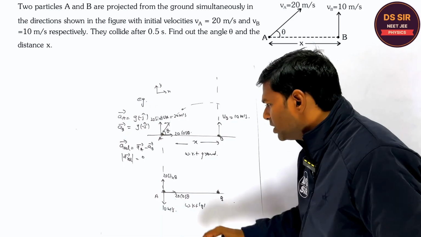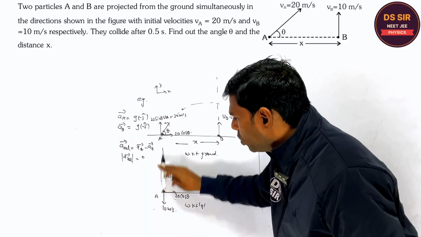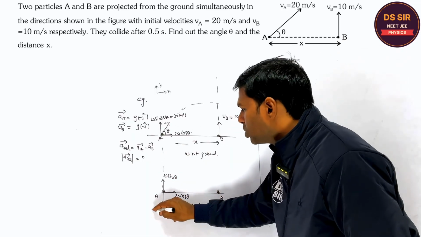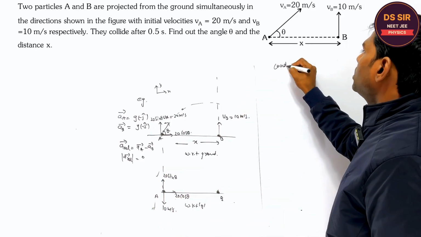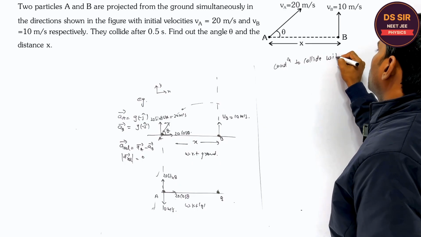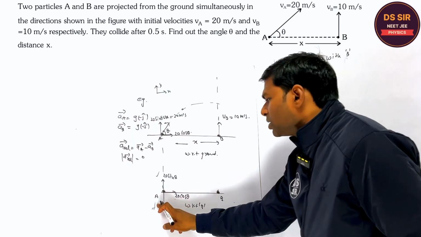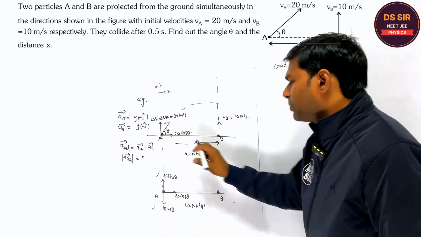So therefore the condition is that it has only this velocity and no velocity in this direction with respect to B, right? So therefore in the Y direction, the condition to collide with B: what is the condition? This component must be 0. The Y component must be 0.